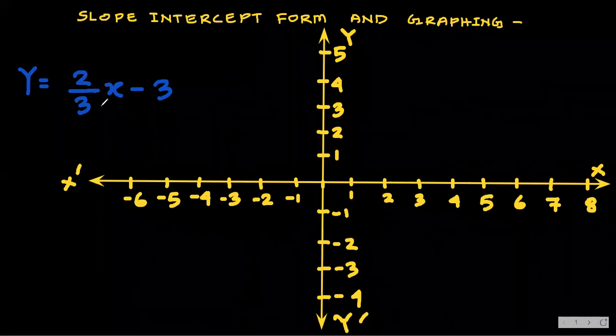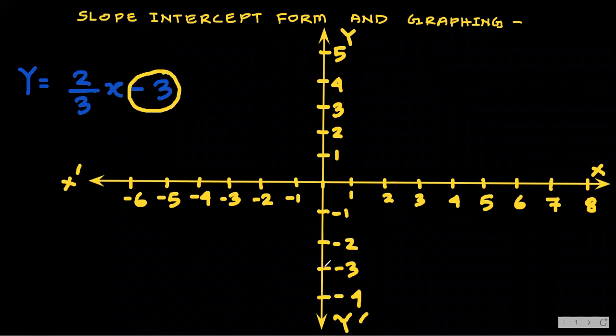And let's take the final example as y = 2/3 x minus 3. So you can see -3 is your y-intercept, and the -3 point is here. Go to the slope. Slope is 2/3. 2/3 means, as you know, the numerator represents how much we need to go up or down.